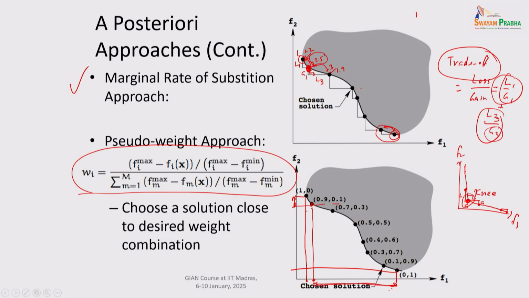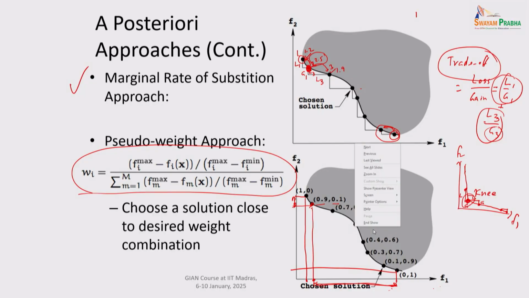In other words, if you are choosing this point, you are actually giving 90% importance to F1 and only 10% to F2, because you are very close to F2's worst and very close to F1's best, since you are far away from F1's worst. So a point in the middle will have 50-50.